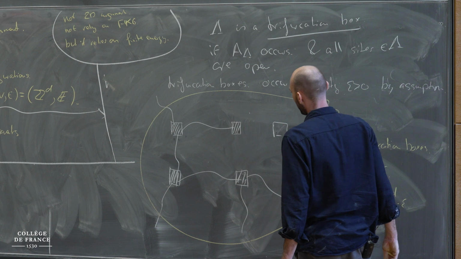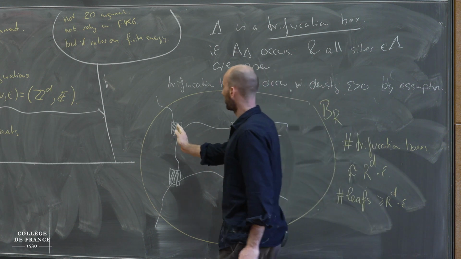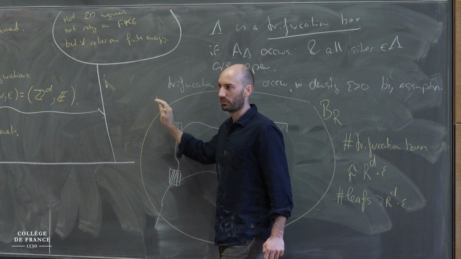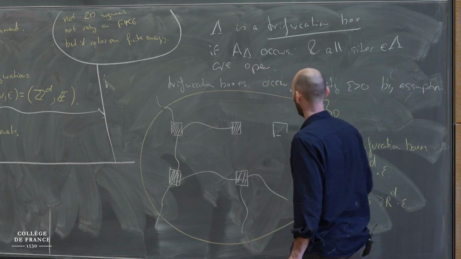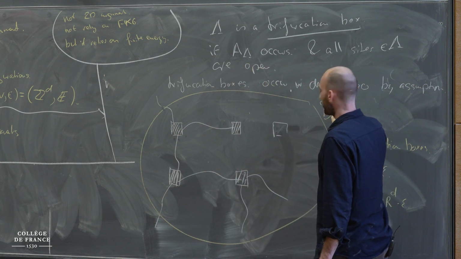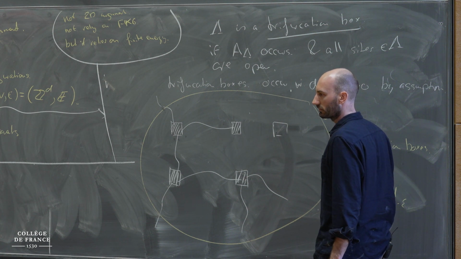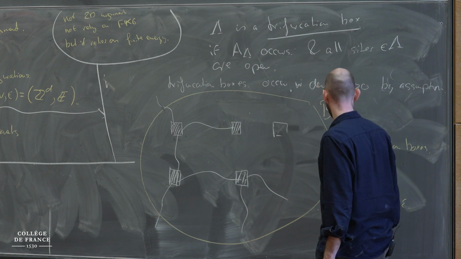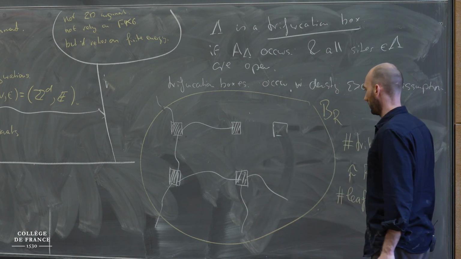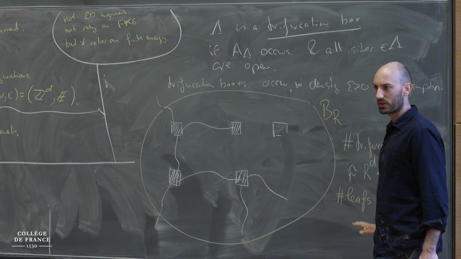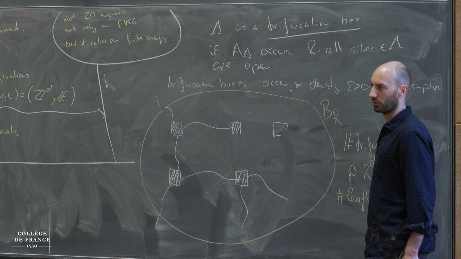But this is in fact impossible because each leaf corresponds to an arm of this cluster pointing out of the boundary. Right? So, of course, the boundary grows as R to the D minus 1. Okay? So it's really a geometric argument which relies on the amenability of the group.